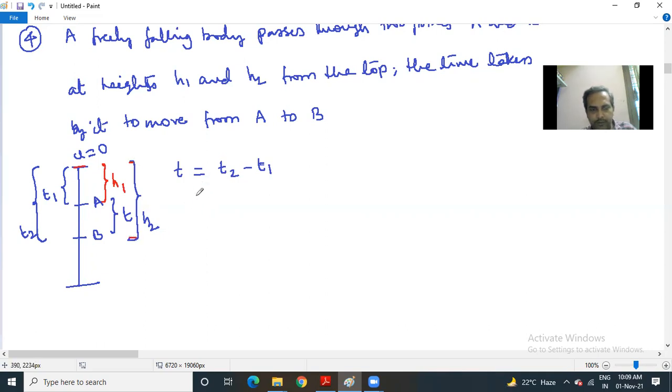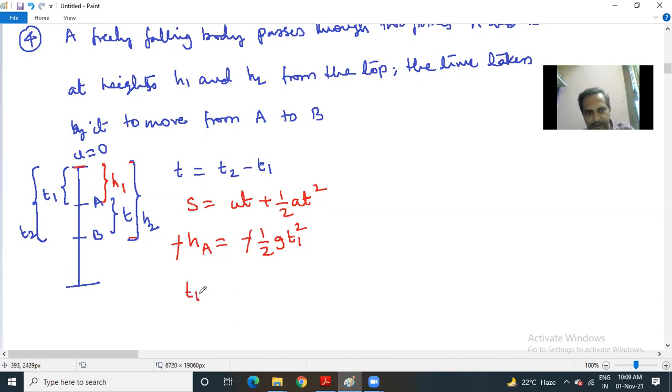Now make use of the equation of motion S equal to ut plus half at square. Moving under gravity for the case of hA, moving down negative, u is 0, a turned to be minus g, but it is t1 square. So therefore you will have to cancel the negatives. You will get t1 as under root 2hA by g.